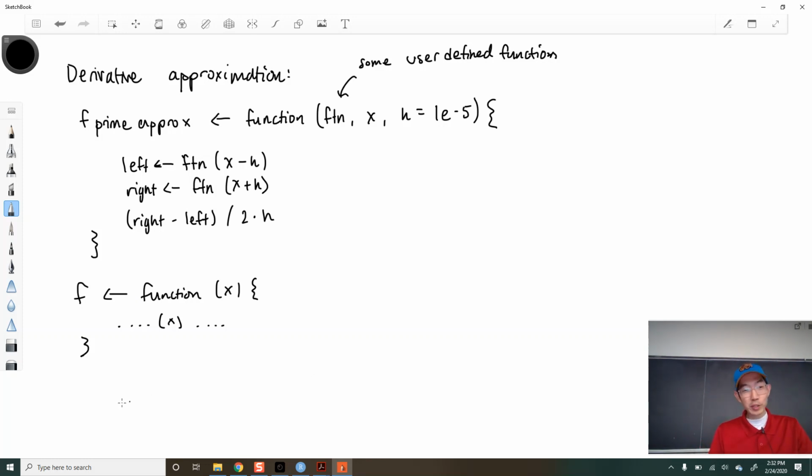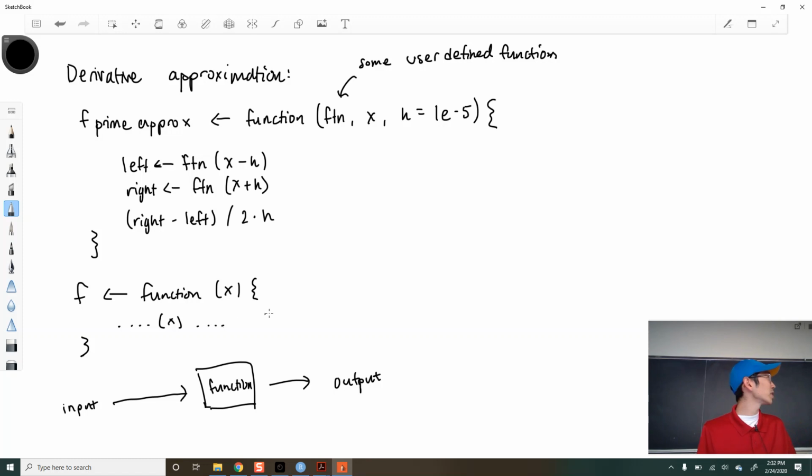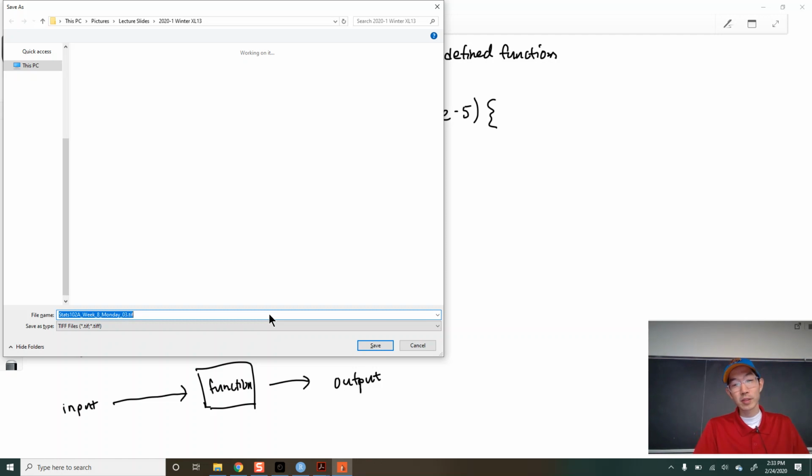But what is a function? It takes an input, here's our mystery function box, and then it spits out an output. It doesn't matter if we don't know what's happening inside the box. I can do this for derivatives, and I can do this for the original function value.